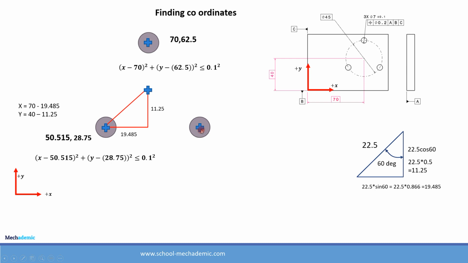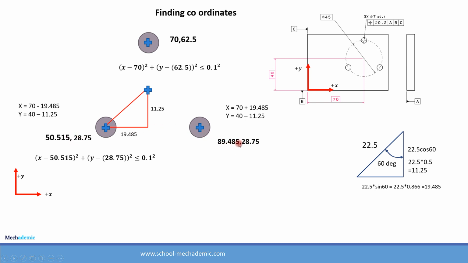Now to find the coordinates of the last center of the tolerance zone, which is this one, it is fairly easy because this right angle triangle is symmetrical based on the center line of the pitch circle. So 70 plus 19.485 and y is 40 minus 11.25. The y coordinate stays the same for both.